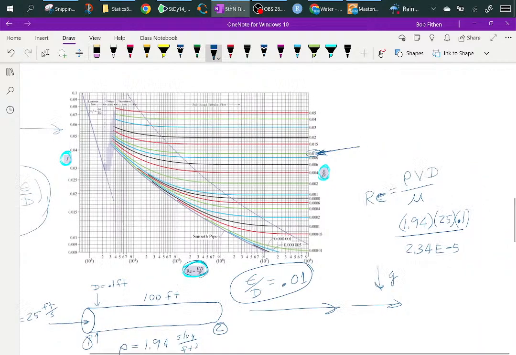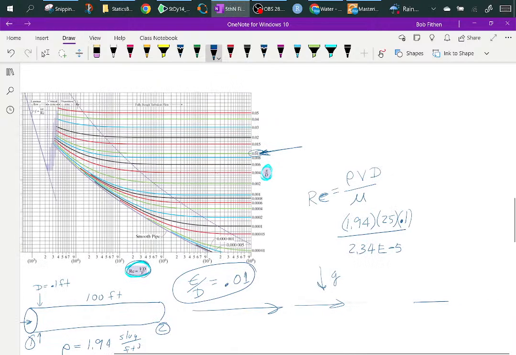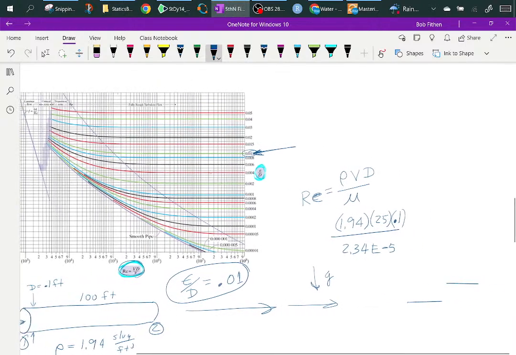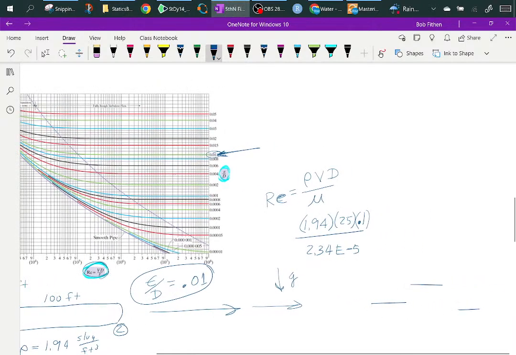Oh, it couldn't recognize it. Let's see if I can get it further out to the page here. Okay, let's try it again. No, couldn't recognize it.